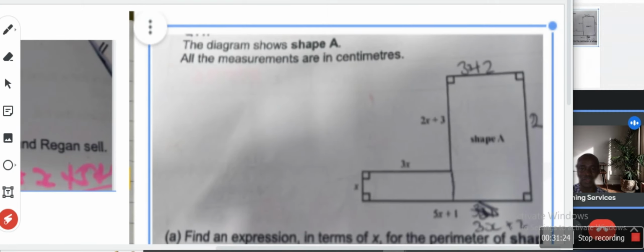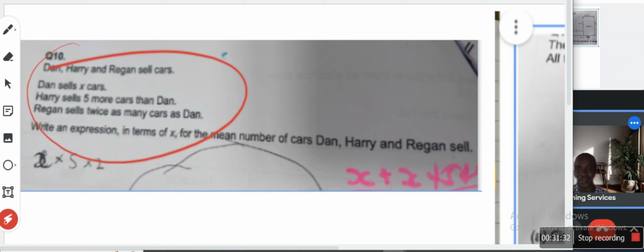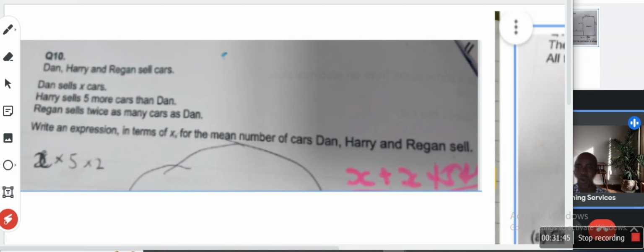Let's start with this one. Number 10, can you read it out? Dan, Harry, and Regan sell cars. Dan sells X cars. Harry sells 5 more cars than Dan.